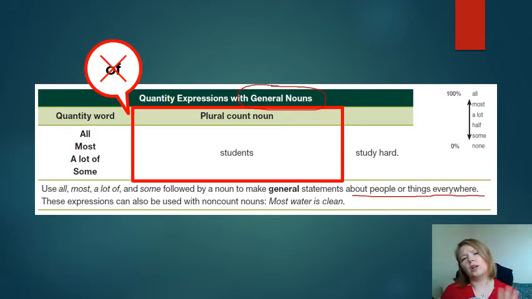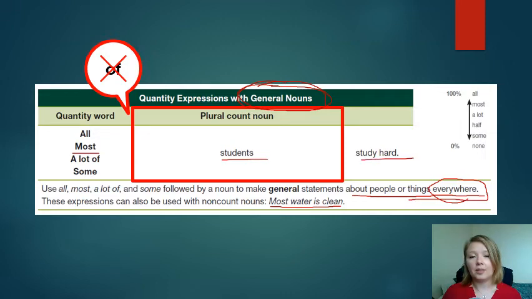All over the world, everywhere, all students study hard. Most water is clean. We do not use of when we're talking about general things or people everywhere, all over the world. We can say, most students study hard. A lot of people enjoy going to see movies. This means everywhere, not just my specific situation.